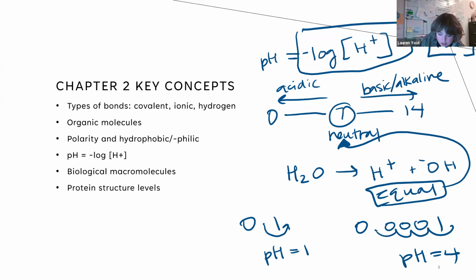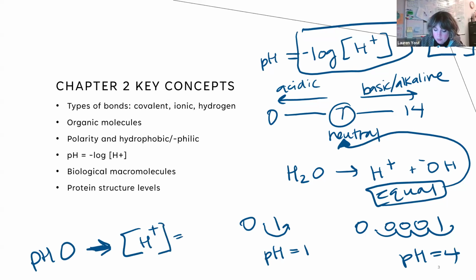A pH of 0 means that your hydrogen ion concentration, basically what it means is that your H plus concentration equals 100%. It's a ratio of 1. Okay, and that means that it's 100% hydrogen ion. You can't have more than that. So you're never going to have more than 100% hydrogen ion concentration, which is why 0 is where it ends at.